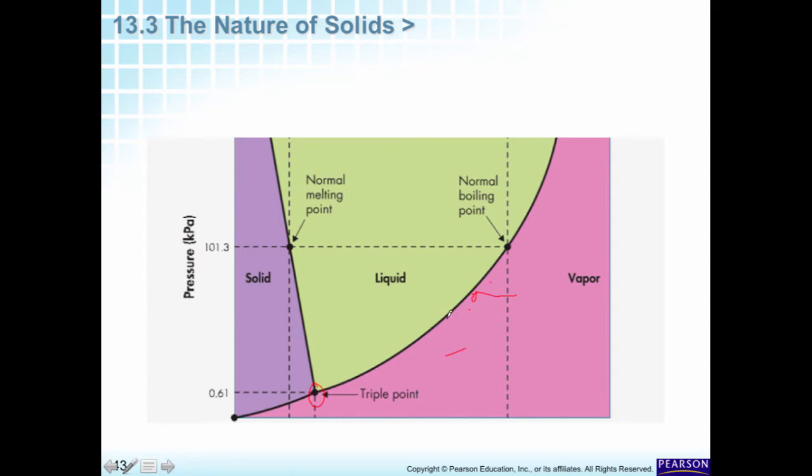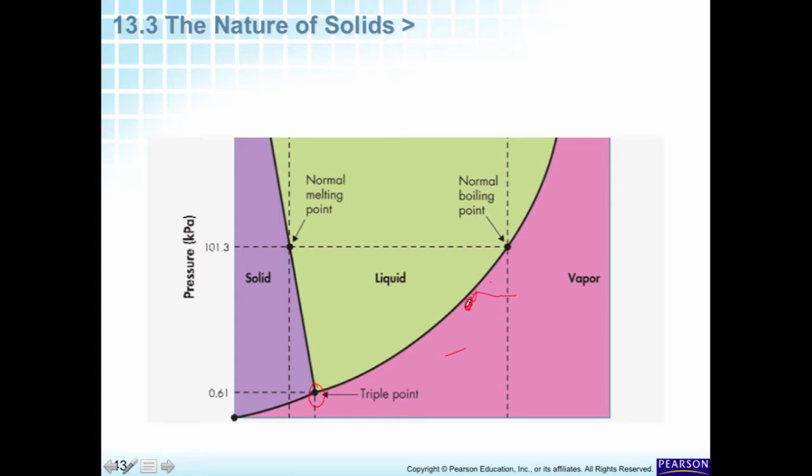Then I need to go over this because you really need to understand this. If you do not understand this, this will be on your test, so let's pay attention. If this was water, this would be 100 degrees C, the normal boiling point at atmospheric pressure. Atmospheric pressure is 101.3 kilopascals. So I go down here and go to about 50.